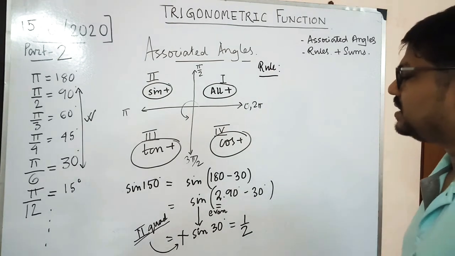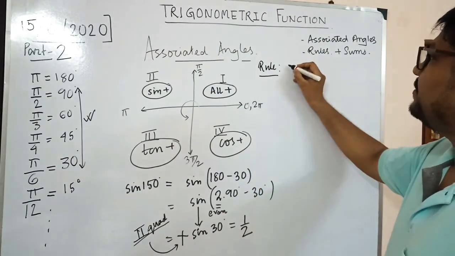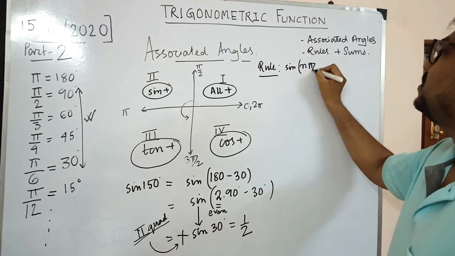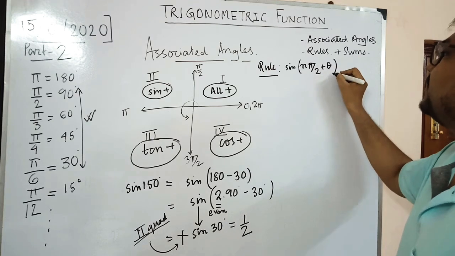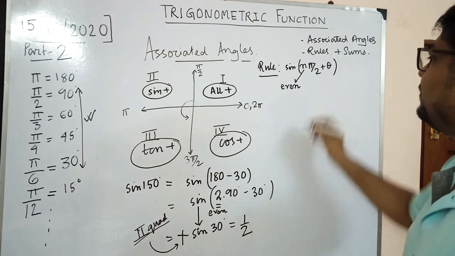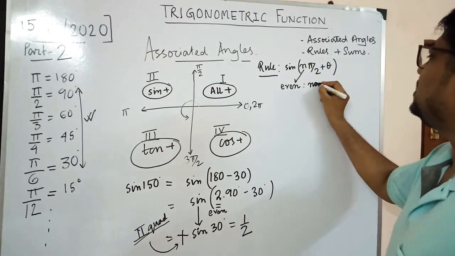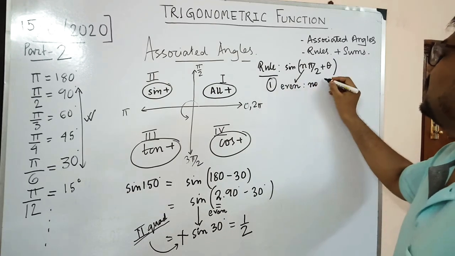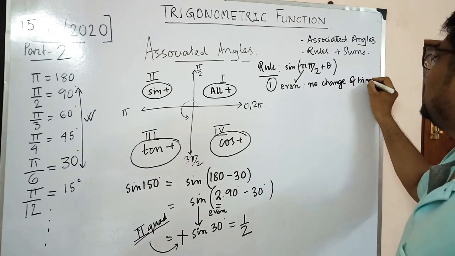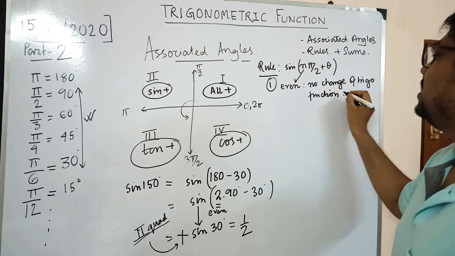The first rule is, if we have any function f of n into pi by 2 plus theta, and n is even, like 2, there is no change of trigo function. So this is rule number 1, no change of trigo function. That means sine will be sine only.